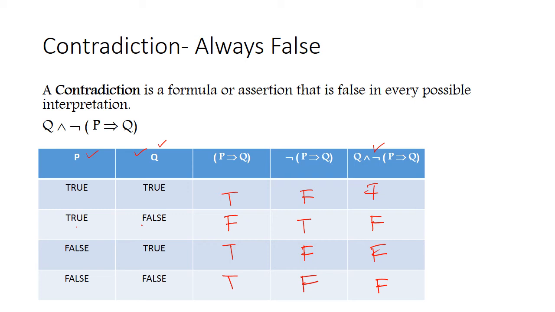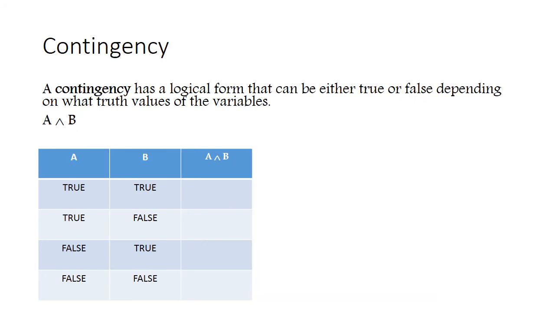So this is always false. A midway between tautology and contradiction is contingency. That is, it is a logical form that can either be true or false depending on what truth values the variables have. So what are the two propositional variables we have? A and B, and these are the different possible combinations of A and B. So these are the four different interpretations of the situation.